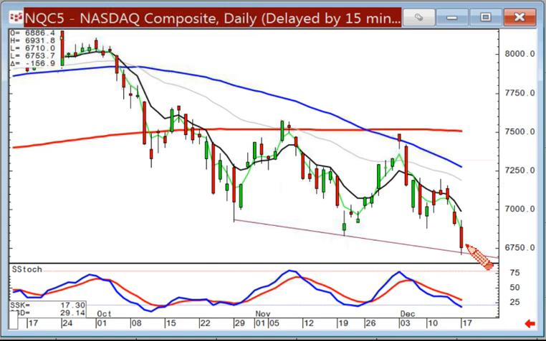Is there a bounce from there? I would be more apt to think there's going to be a couple of days of congestion, allowing the stochastics to just get into the oversold area before starting to bounce back up.